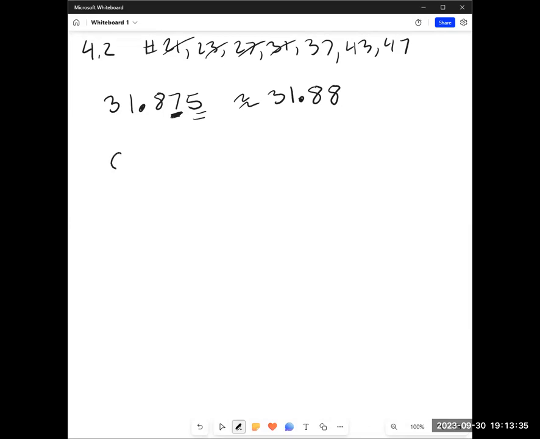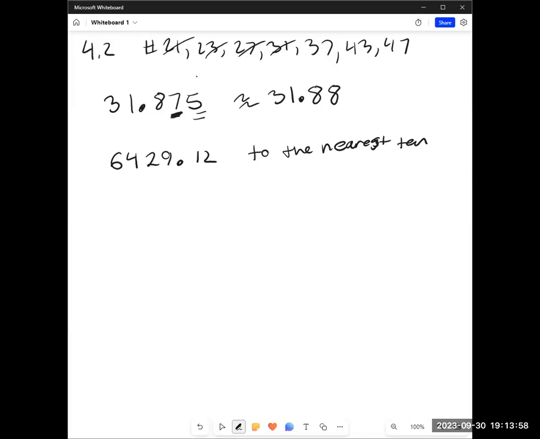Now we want to round 6,429 and 12 hundredths to the nearest 10. Should have written the instructions on the other one. This is nearest 10.